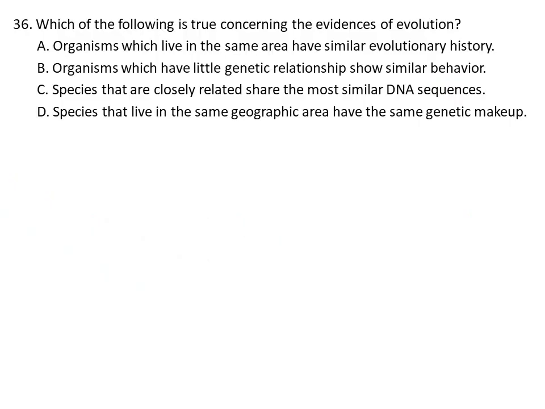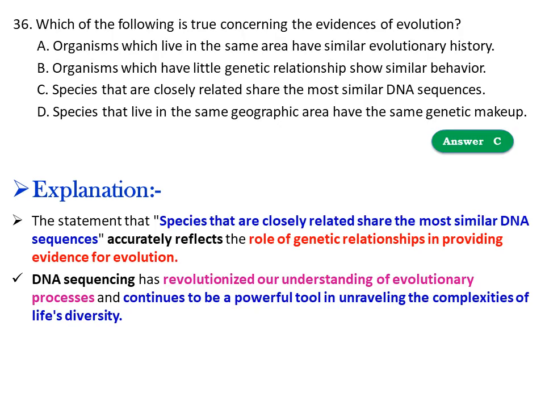Question number 36. Which of the following is true concerning evidence of evolution? So the correct answer is C. Species that are closely related share most similar DNA sequences. The statement that closely related species share similar DNA sequences accurately reflects the role of genetic relationships in providing evidence of evolution.